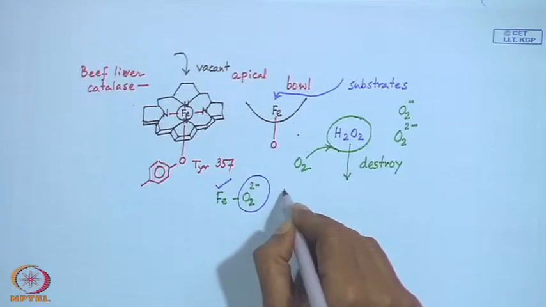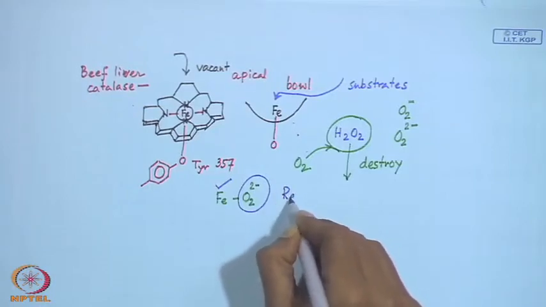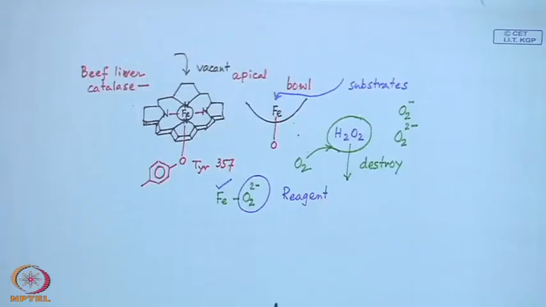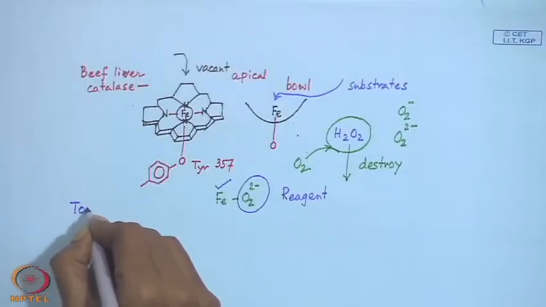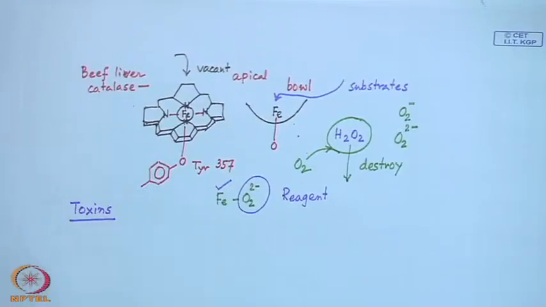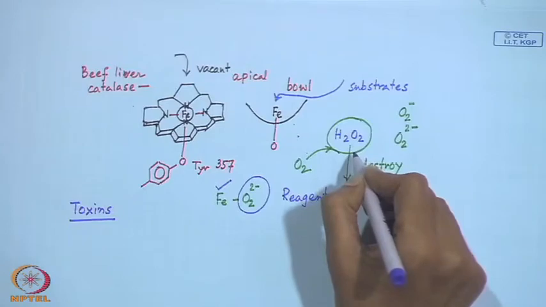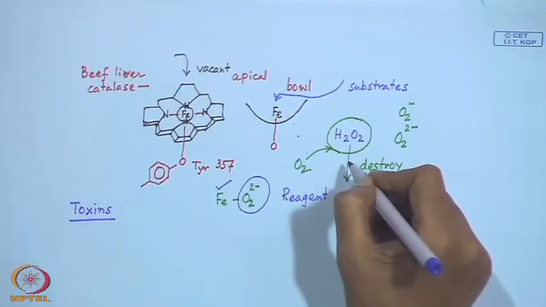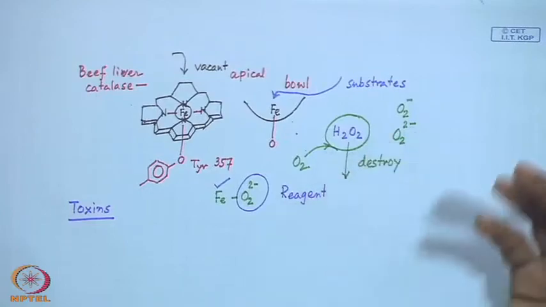That can also be a very good reagent for destruction of other toxin molecules. Hydrogen peroxide is also toxic for our body, so accumulation of hydrogen peroxide is not good for the health of any living being.